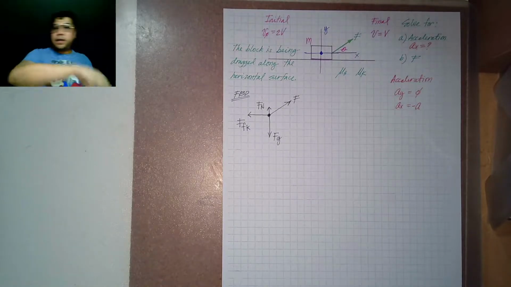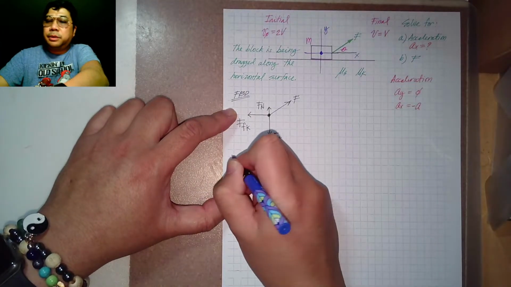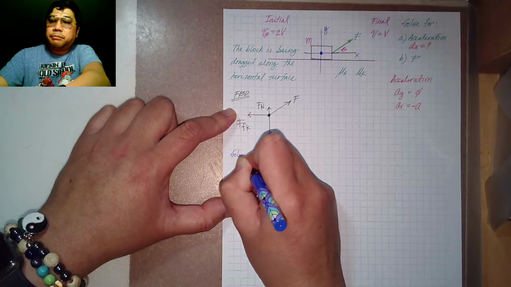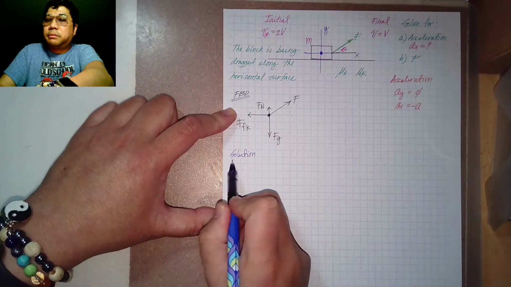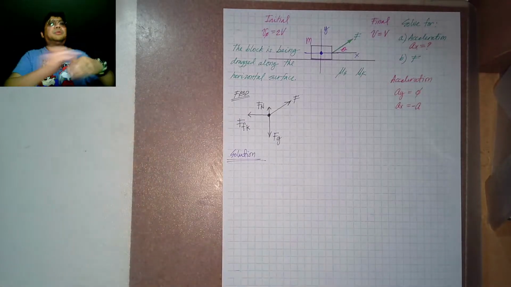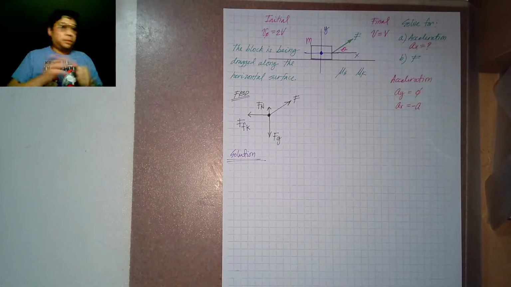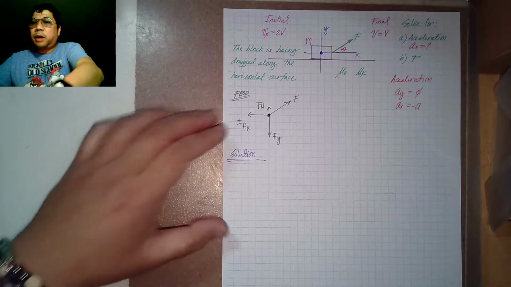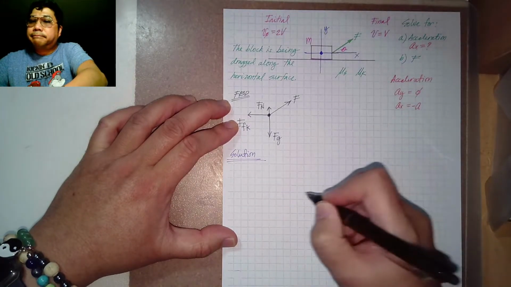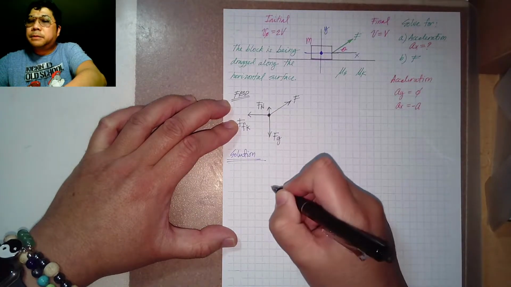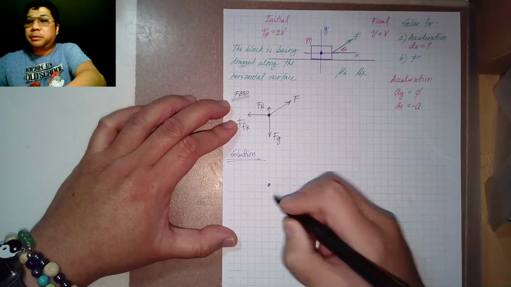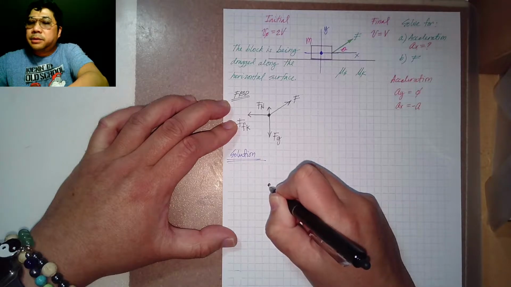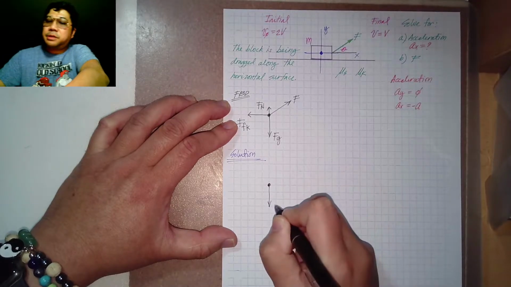Let us move to the next step, and that is to continue with our solution. Now let's move to our dots again. We have our force of gravity, which is downward.